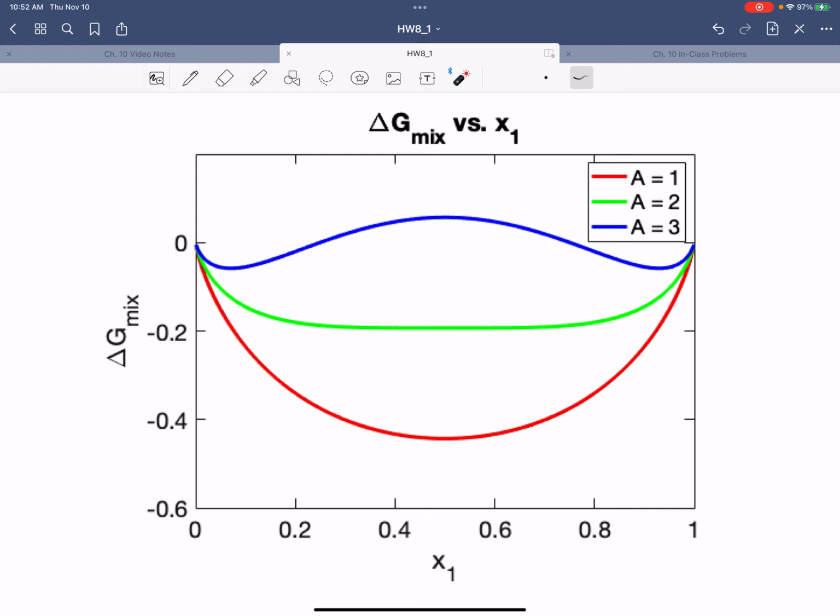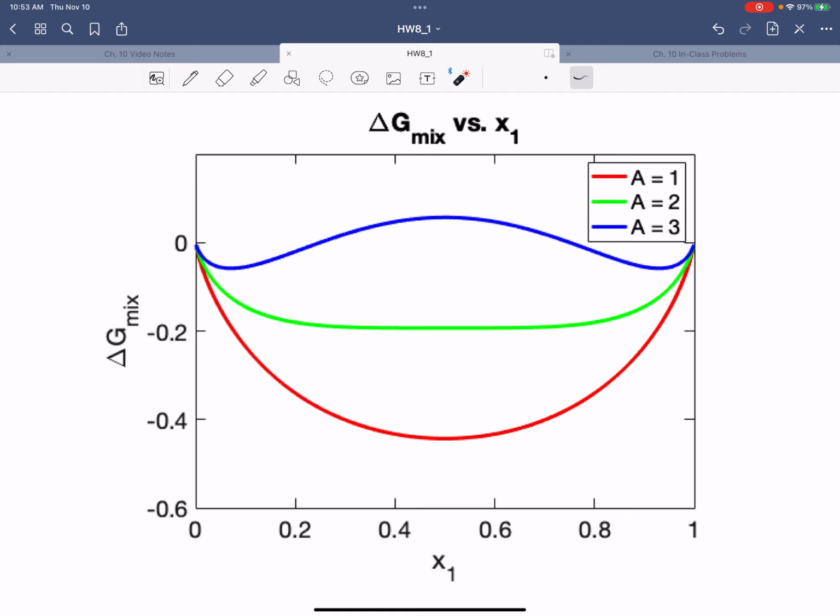Right? When we increase the A value, so we increase the magnitude of interactions between the species, we see that the curve flattens out. And so now instead of having a true parabola, we actually have a curve with a sort of flat bottom here. Right? And so when A is equal to 2, essentially what we're getting is that the ideal solution term and the excess term have equal contributions to one another. So they sort of cancel out. Right?